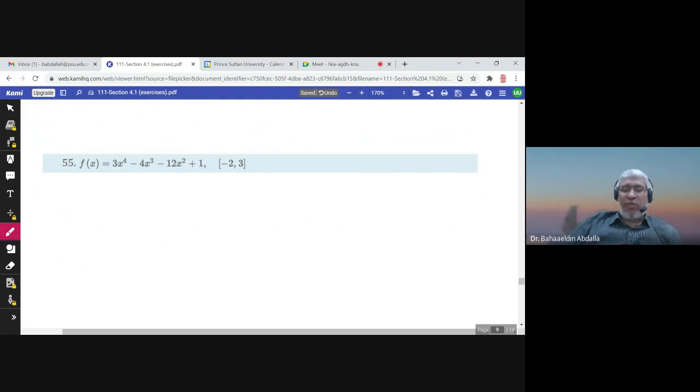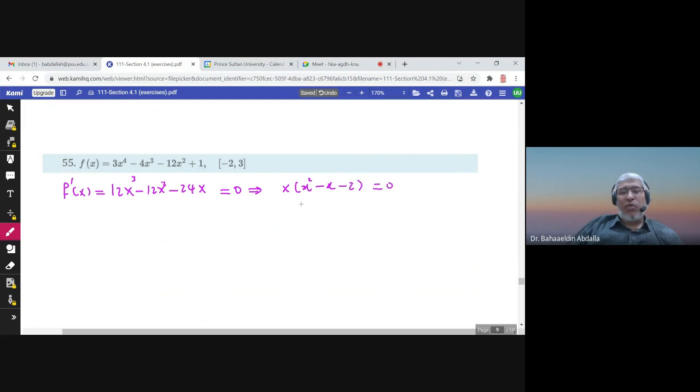Another question. So we start immediately by finding f prime: 12x cubed, minus 12x squared, minus 24x. Well, put it equal to 0 and find the zeros of the derivative. Divide by 12 and take x as a common factor. So I'll have x times (x squared minus x minus 2).